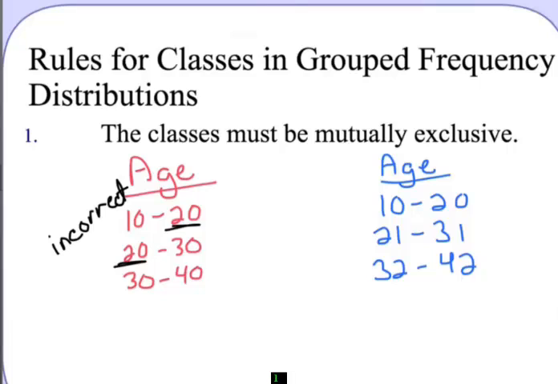Wherever this one ends, the next one should start immediately. So this one ended at 31, this one needs to start at 32. Since this one ends at 42, the next one should start at 43. Okay? So this one is going to be our correct way of looking at things.